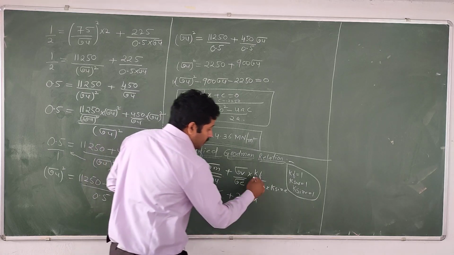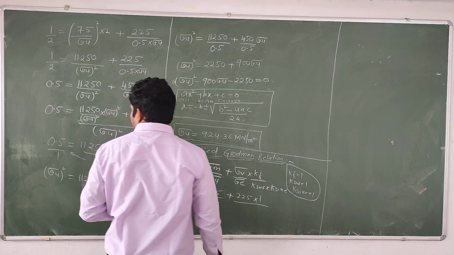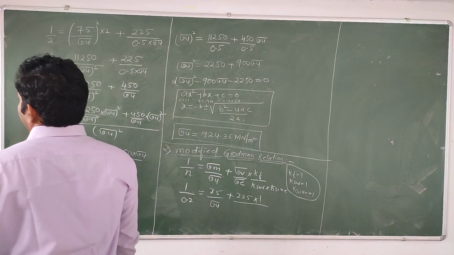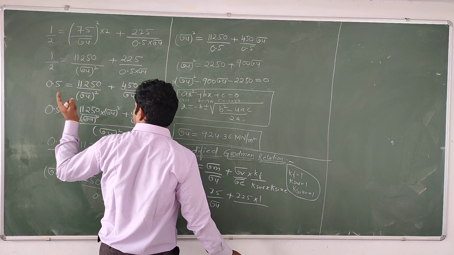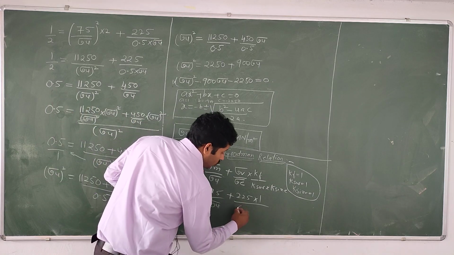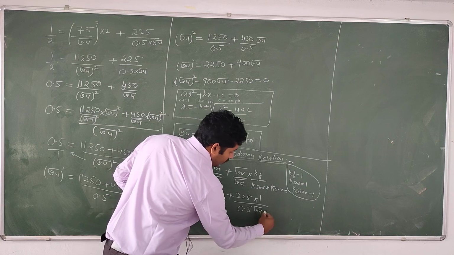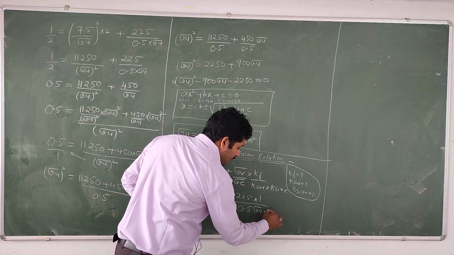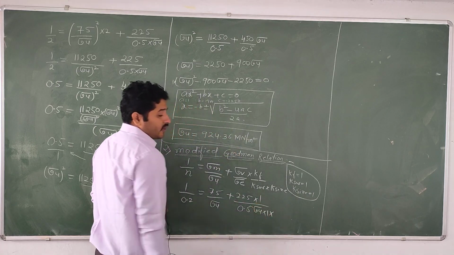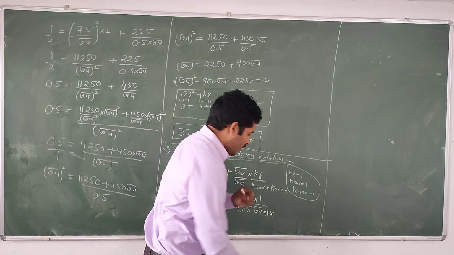Then Kf value is 1 and the endurance strength value is given as 0.5 into ultimate strength, into K surface finishing factor, which is not given, so consider it as 1, and K size factor, not given, so consider it as 1.